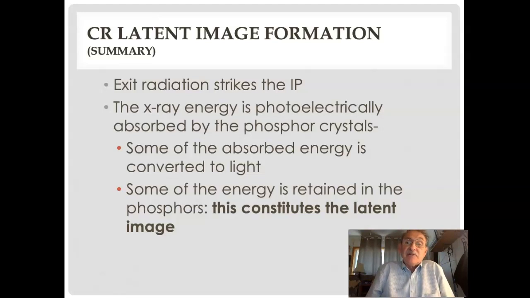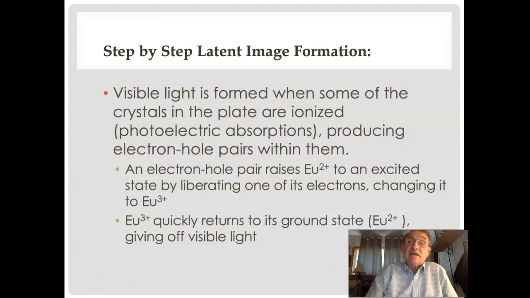So some of the energy retained in the phosphor itself is the latent image. And then it's a question of processing that latent image so that we can make it into a manifest image. Visible light is formed when some of the crystals in the plate are ionized, which is photoelectric, producing electron hole pairs within them.